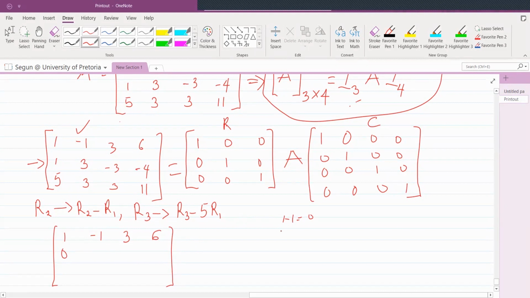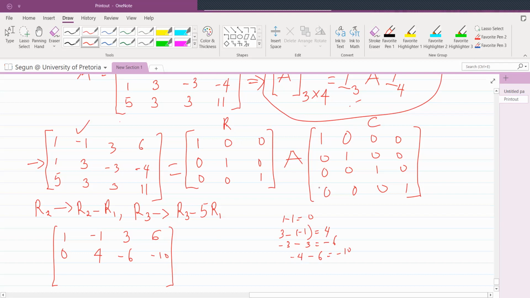Then another element, 3 minus 1 is equal to what? 4. Put the 4 there. It's very simple. Then another one, minus 3 minus 3 is equal to what? Minus 6. Put it there. Then another one, minus 4 minus 6 is equal to minus 10. That's all. We finish that one.